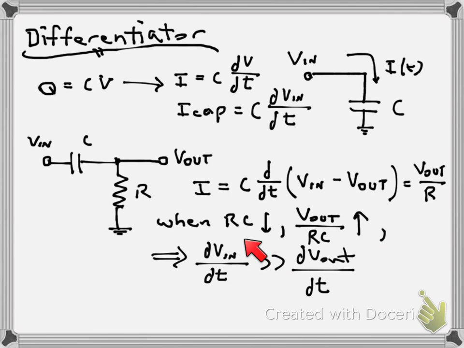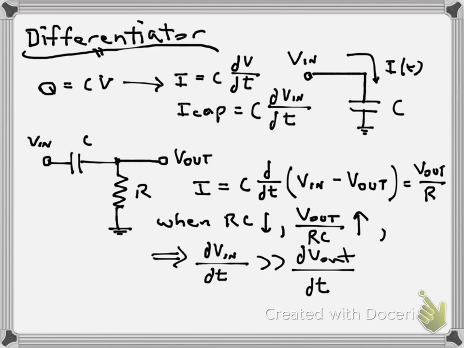So if I make RC small, then I can get this situation where dV in dt, which is what I was really hoping for the whole time, is much larger than dV out dt, which is the thing I'm not as interested in, but need in order to make any kind of measurement at all, right? I need to have a voltage across that resistor.